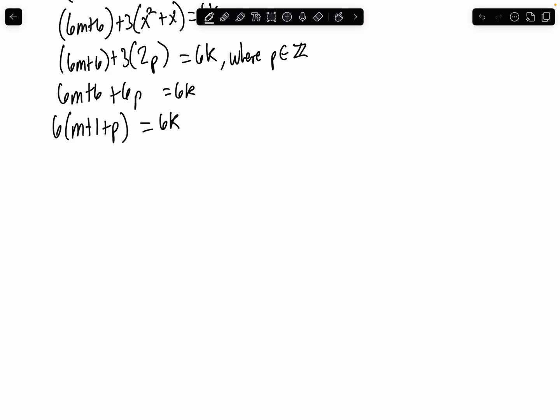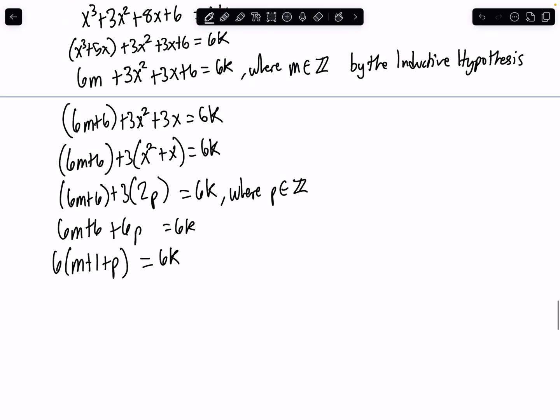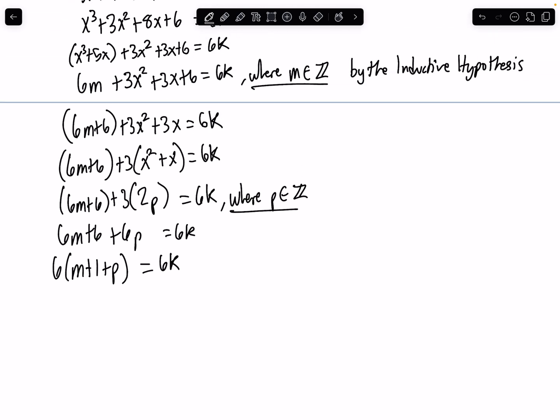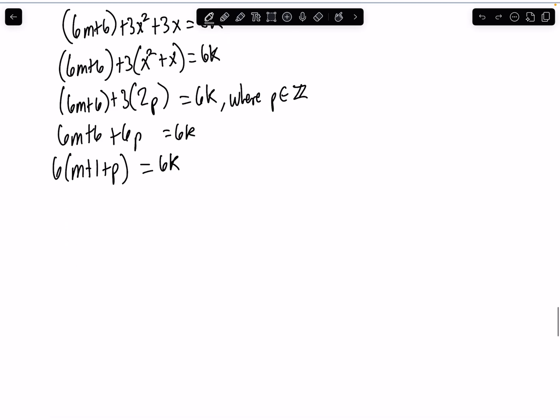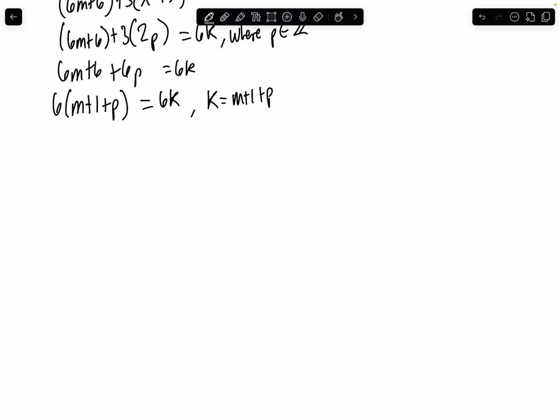1 is an integer, and m and p are both integers by definition, here and here. So that means that m plus 1 plus p must also be an integer. And we can just rewrite, let k equal m plus 1 plus p, and we know that these are both integers by definition. So we just get 6k equals 6k, which is always a true statement.